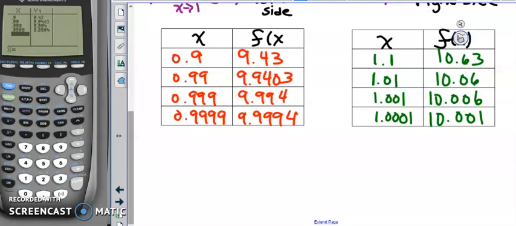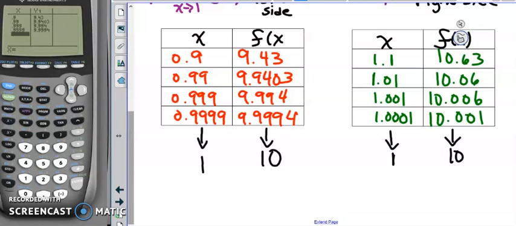As x gets closer to 1, your y value is getting closer and closer to 10. Because 9.9994, if we go again, it's probably going to round up to 10, or it's going to be like 9.99999, or something of that sort. So it's going to 10. For the right side, as x approaches 1 from the right, our values here are getting closer and closer to, again, 10.